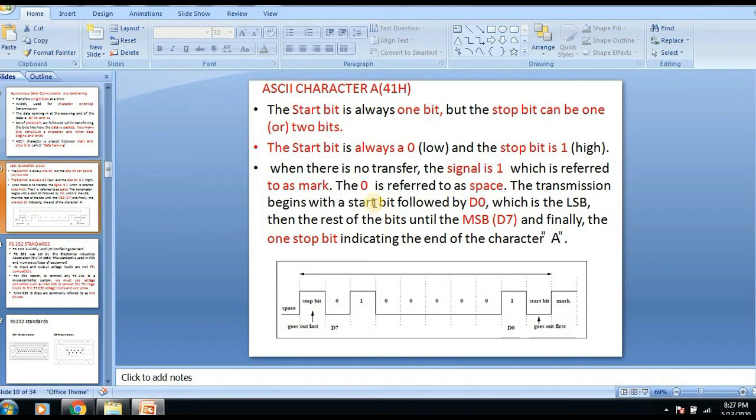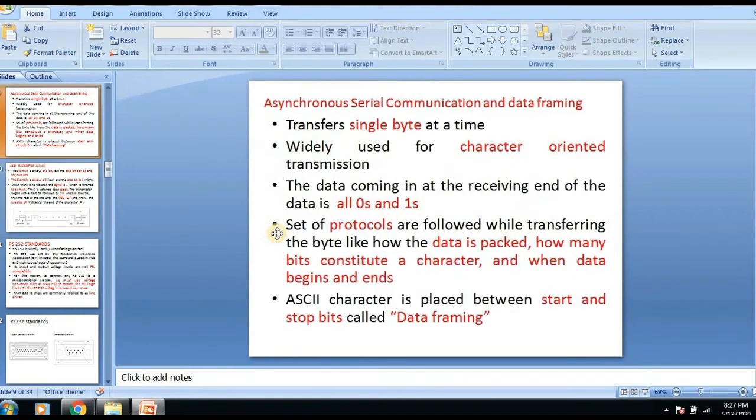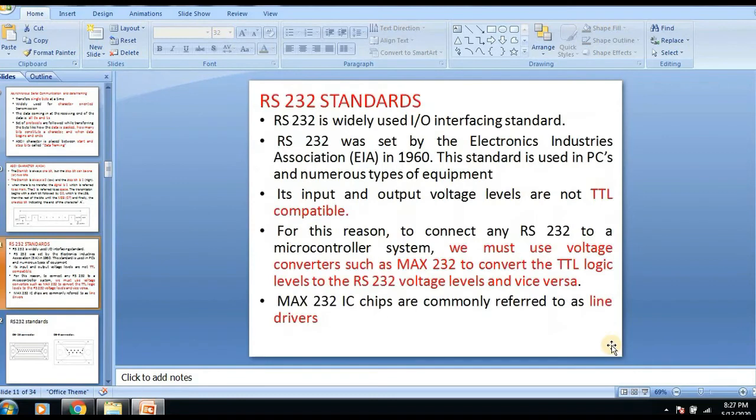So here, as I said, we need to follow a set of protocols. For that there is already an interfacing standard called the RS-232 standard. So all those things will be programmed in this IO interfacing transfer.